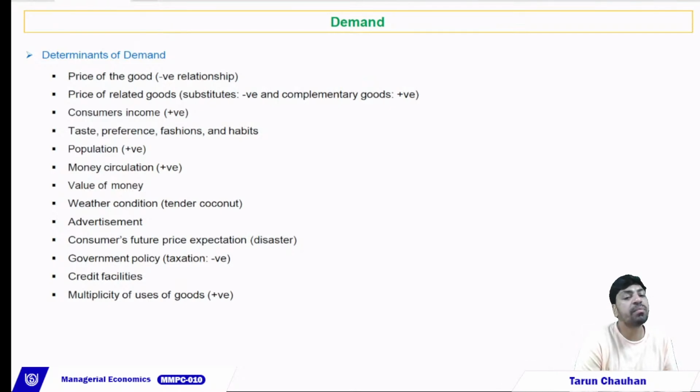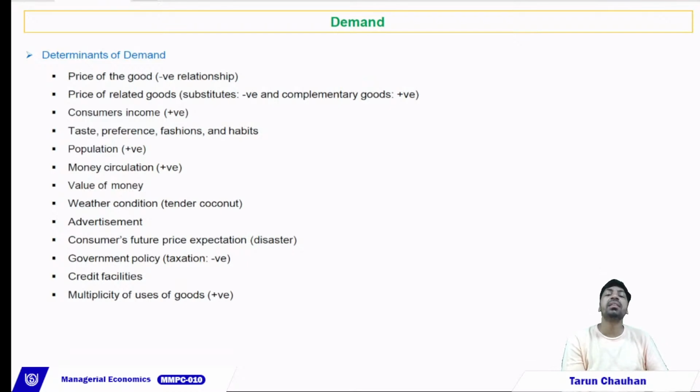The next one is government policy. When we talk about government policy, an example is taxation. With taxation, there is an inverse relationship. But why is there an inverse relationship? If a consumer has bought a product, a cell phone let's say, and taxes are automatically charged, then the amount automatically increases. If more and more taxation is charged, the demand for that cell phone or any other product would decrease.